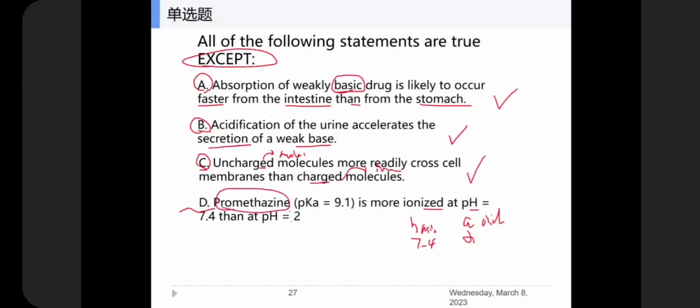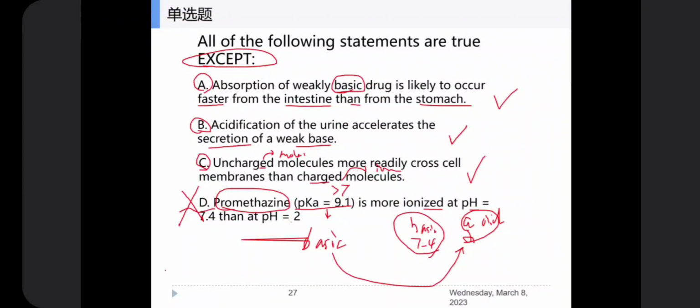And because the pKa is larger than 7, this is a basic drug. A basic drug is more ionized in the acid environment than in the basic environment. So D is wrong. So the choice is D. Clear?